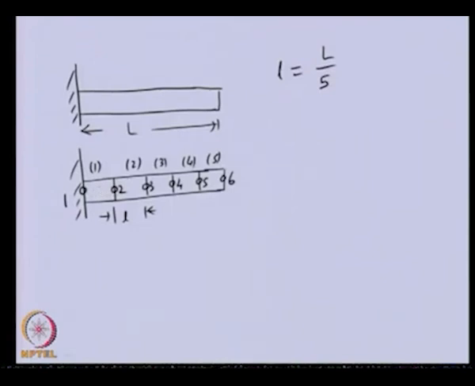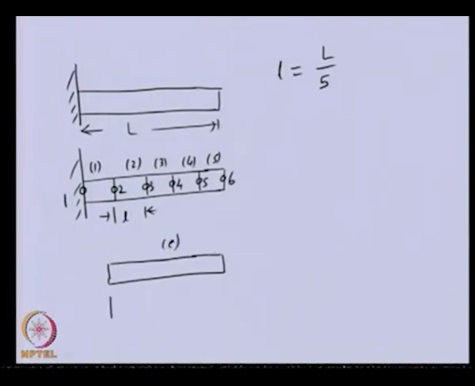And if we want to develop the elemental equation, we can take one representative element and draw the free body diagram of it. Let us say this is the eth element, I will enlarge it.